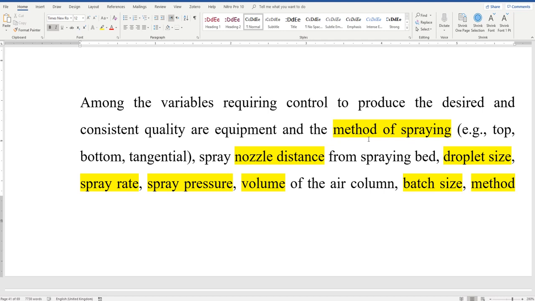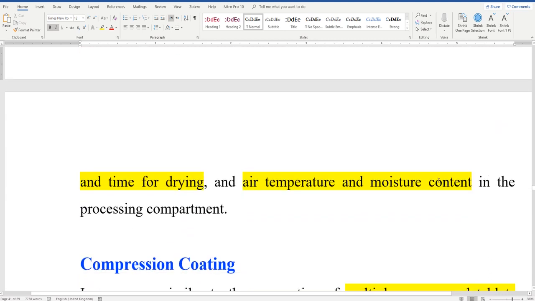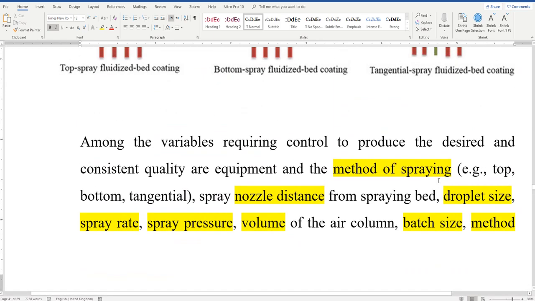What is the droplet size that is emitted from the nozzle? What is the spray rate? What is the pressure? What is the volume of the column? How much is the size of the column? The time for drying, etc. We have to control all these parameters to get good spraying.